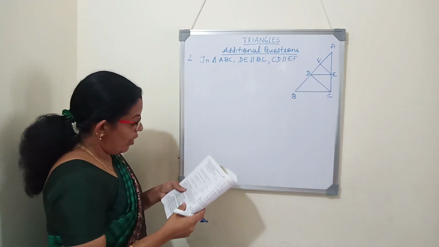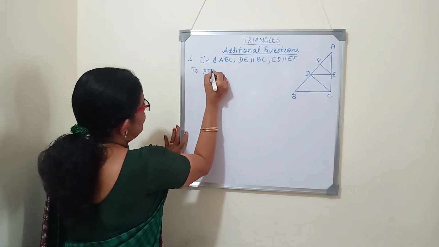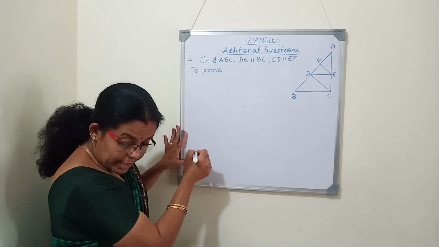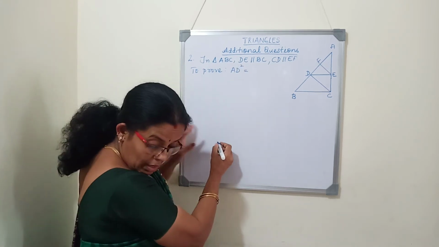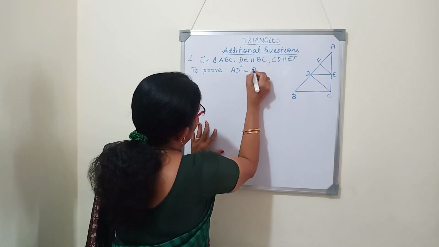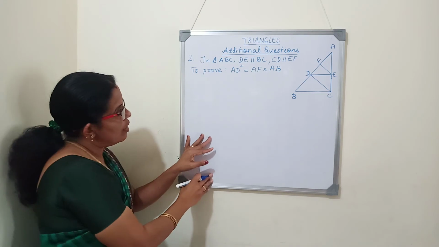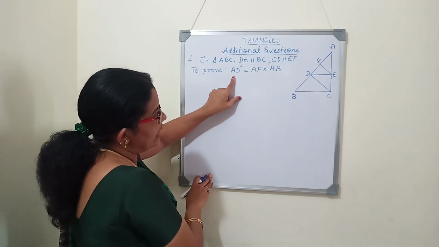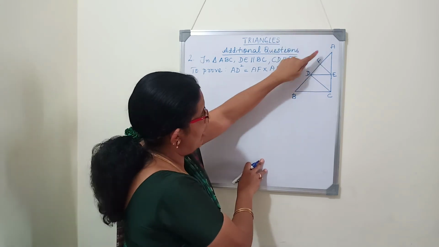We have to prove that AD square equals AF into AB. So here we have to prove that AD square equals AF into AB.